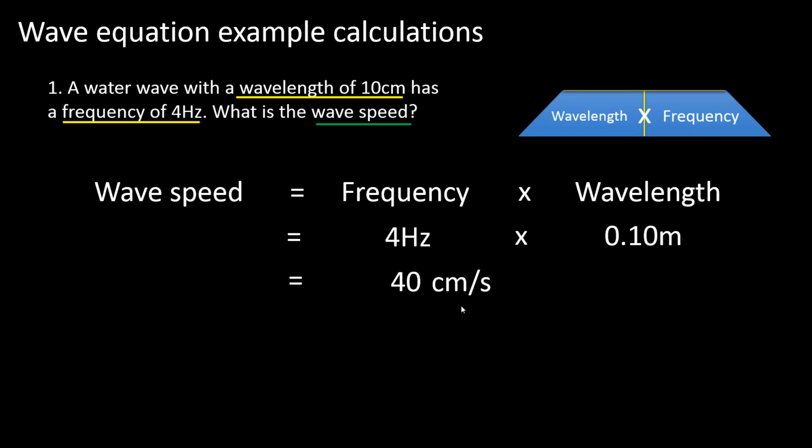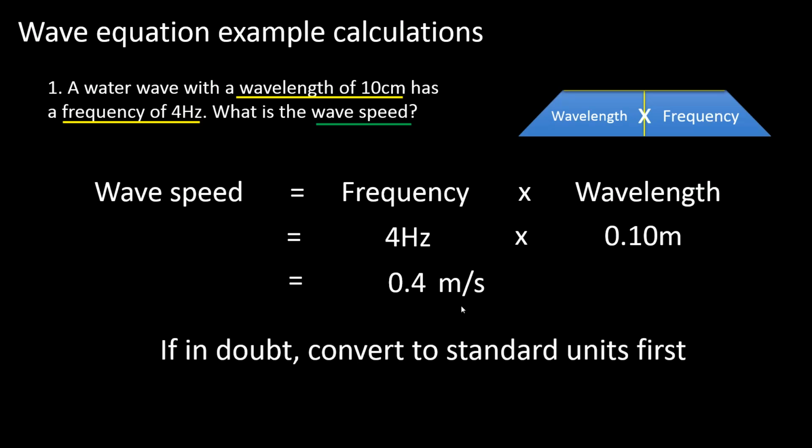So it's centimeters to meters, so you divide by 100 to get that. And that would make the answer 0.4 meters per second rather than 40 centimeters per second. Just generally speaking, if in doubt, convert to standard units first, as you can really tie yourself up in knots if you try and convert at the end sometimes, but particularly for some quantities.